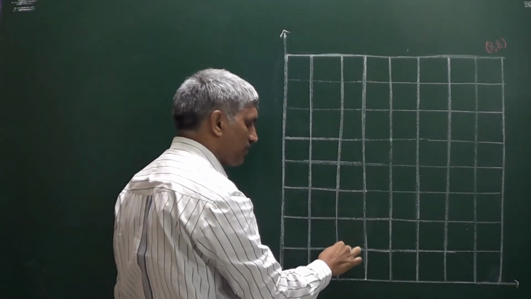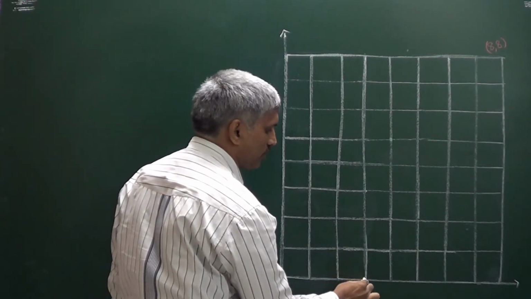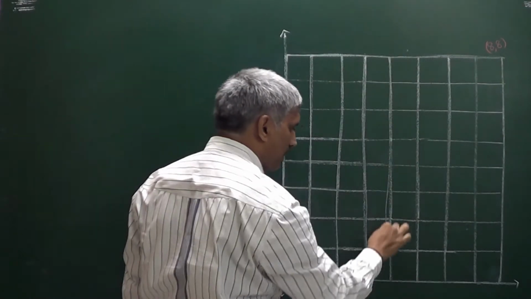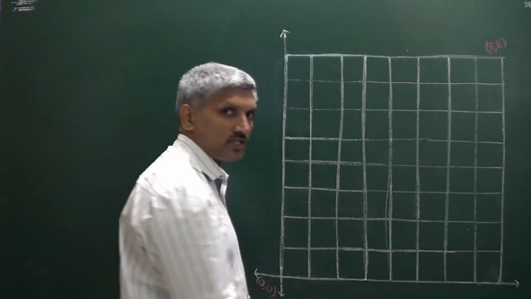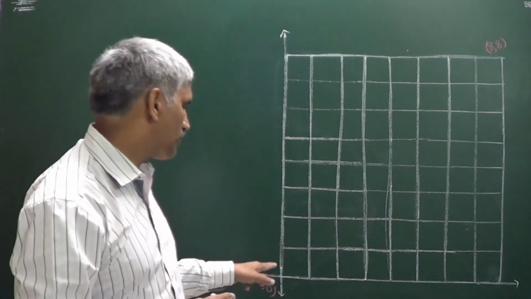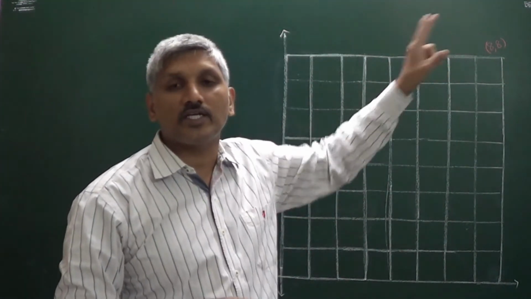Unless he is a mad fellow, only then he will go upward, again come down, going upward, again coming down. Like that no one will travel. So he wants to move in the shortest path from 0, 0 to 8, 8.